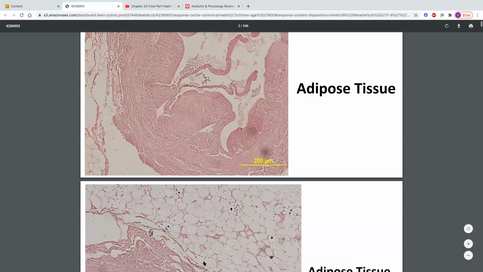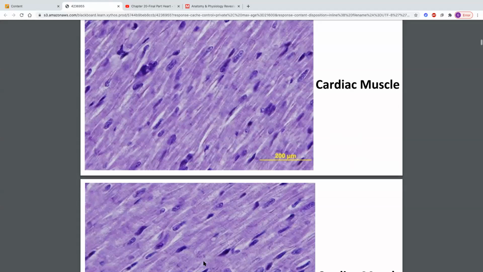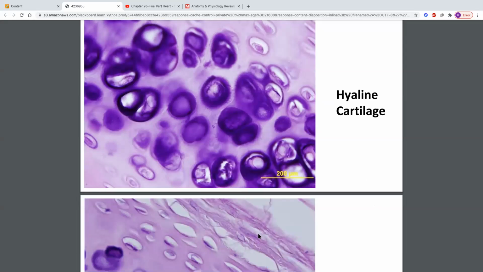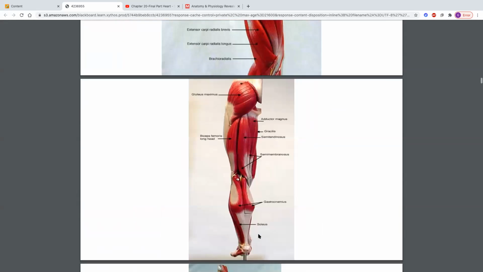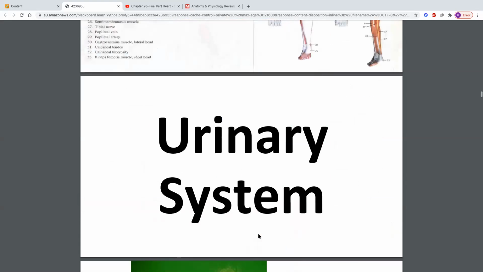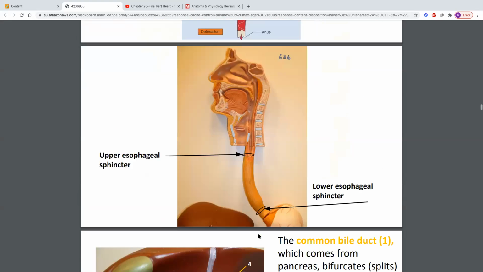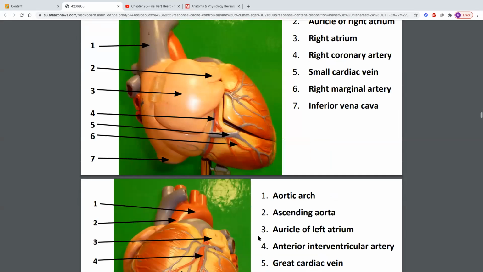The only bad thing is that it has material from the 177 class. So in some ways, they have everything, you just have to find it. They even have integument, muscular, urinary, GI, which we'll cover, heart.